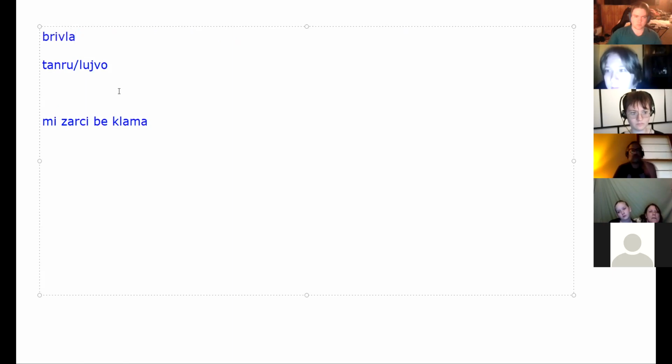Okay, so if we wanted to say what they're selling, we could say, let's see, mi zarshi be lo shijaku klama. Shija, I believe, is the word for food. Ku is just kind of a separator.